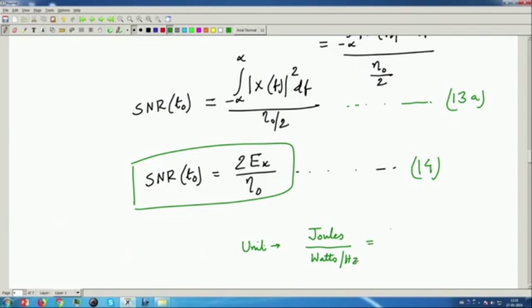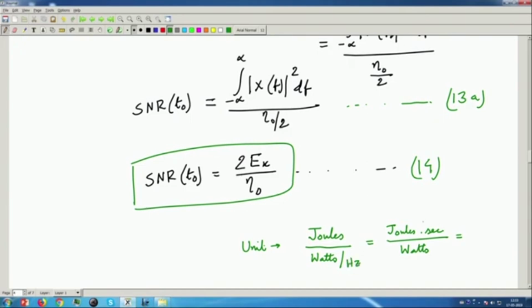That means it is joules. I have made a mistake here, this was watts per hertz.